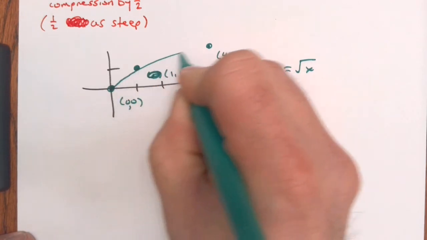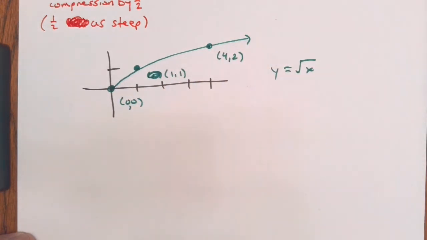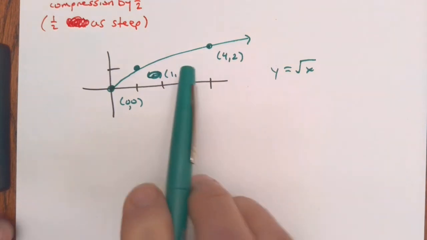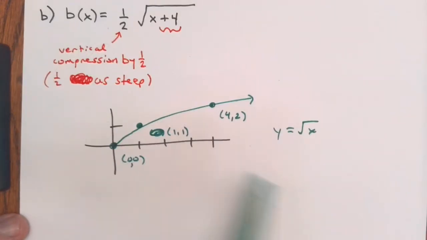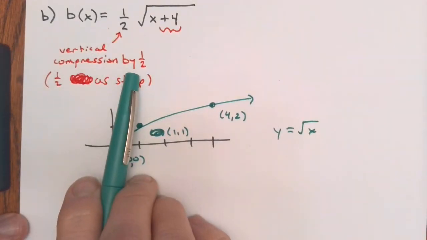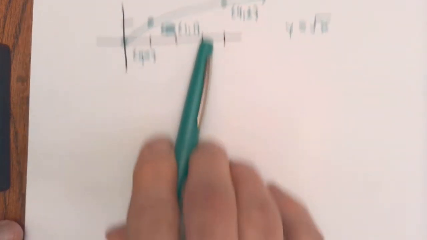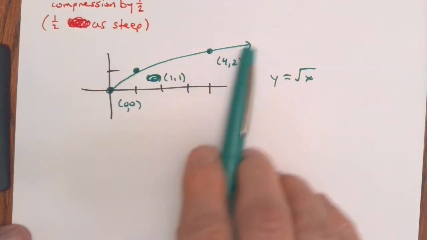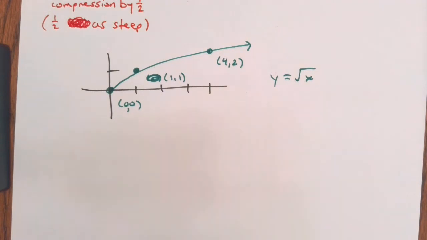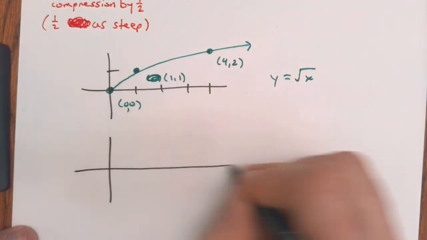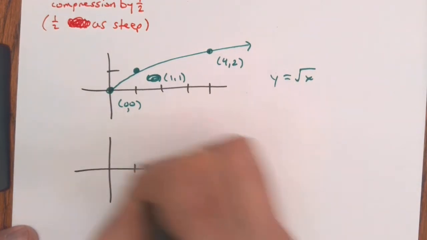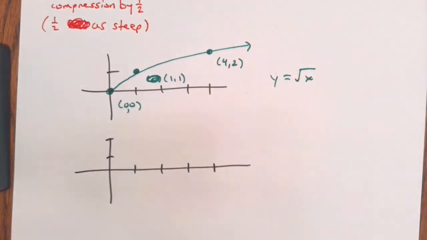And it looks something kind of sort of like that. And then from there, we would want to do a vertical compression by 1/2. So let's talk about what that would look like. A vertical compression by 1/2 would have all of these same points on them, but we would want the heights of each one to be half as tall.